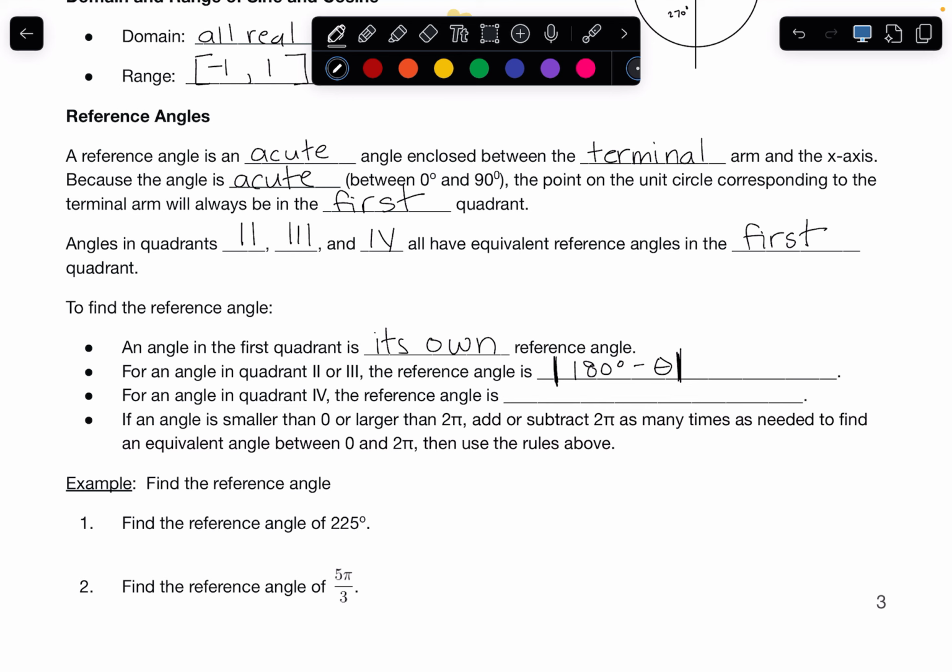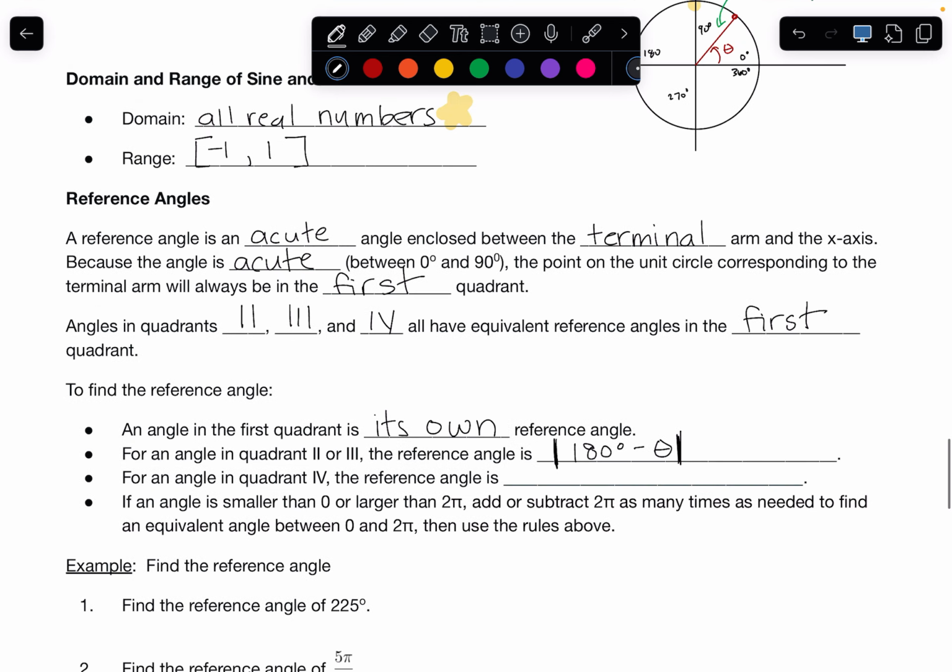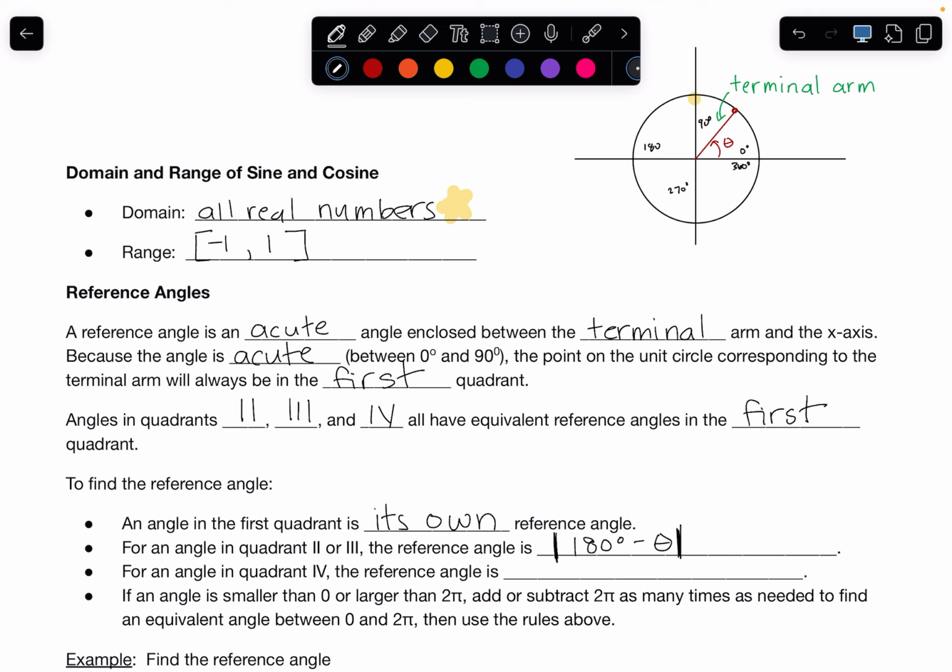And we take an absolute value because if I scroll up, notice that 180 sits here. If I'm in quadrant 2, my angles are less than 180. So I do 180 minus my angle, I get a positive answer. But if I'm in quadrant 3, where my numbers are bigger than 180, if I do 180 minus 200, I get a negative 20.